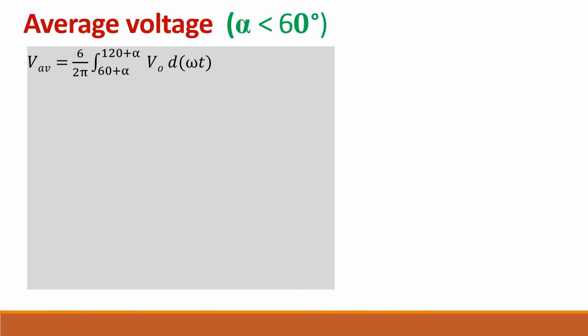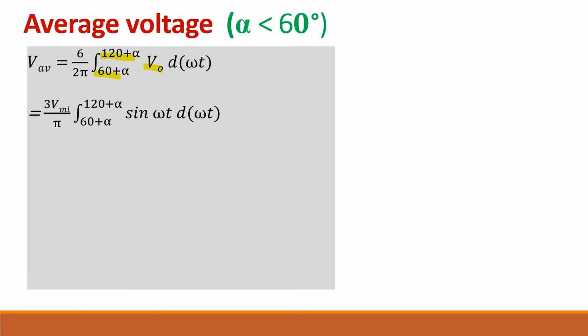You might have seen that there are 6 pulses in one cycle. In the output waveform, 6 pulses are there. So in the total time period of 2 pi, and what are the limits? 60 plus alpha to 120 plus alpha. What is V naught? V naught in this case is the line voltage.